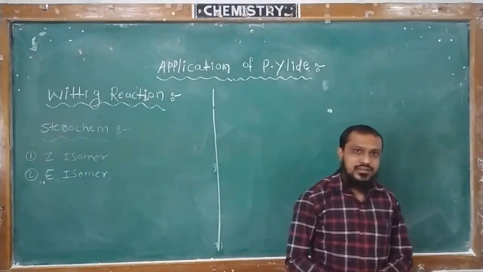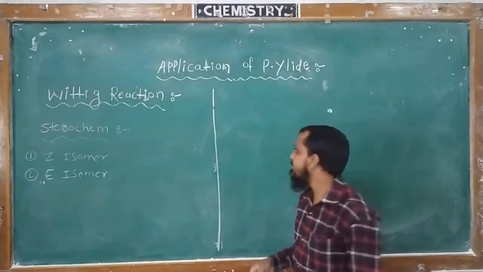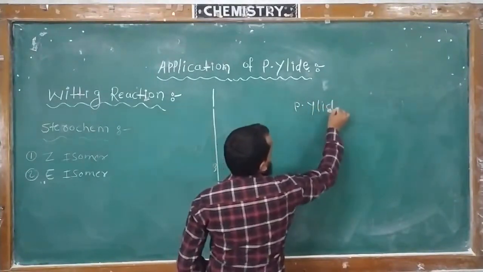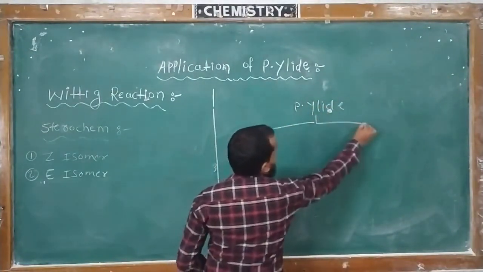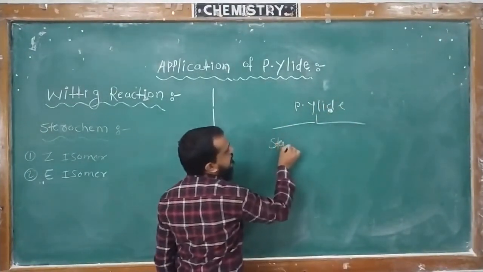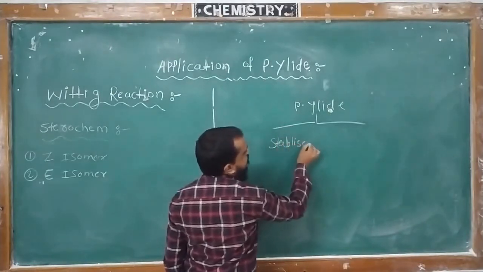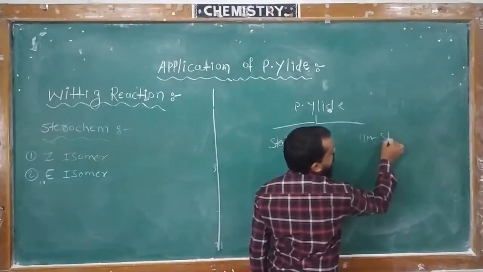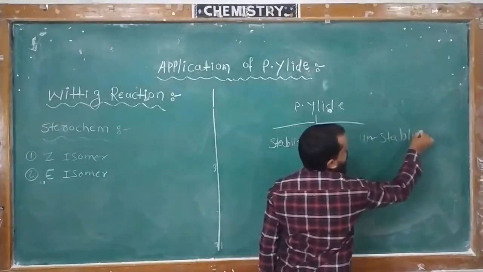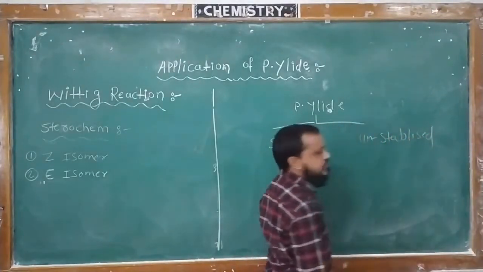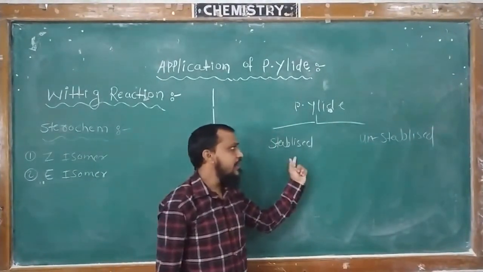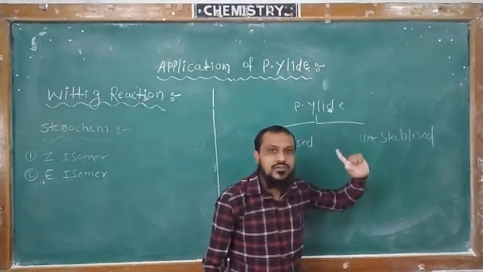We know that there are two types of phosphorus ylide. First one is stabilized phosphorus ylide, and second one is unstabilized phosphorus ylide.